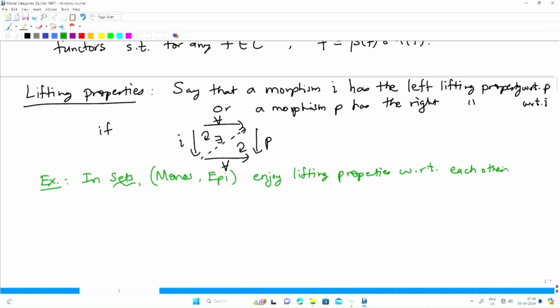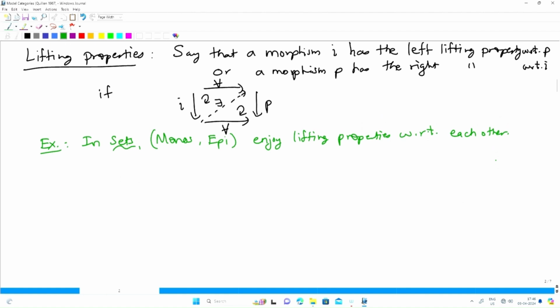If I is a mono and P is an epi, then this will always hold. If some morphism I has the left lifting property with respect to all epimorphisms, then it is necessarily a mono. And if some morphism has the right lifting property with respect to every monomorphism, then it has to be an epi. Moreover, the roles of mono and epi can also be swapped. So there are lots of things that you can play around with.